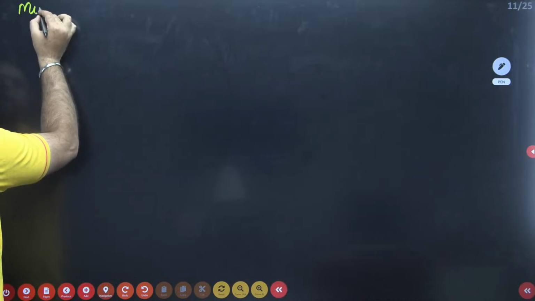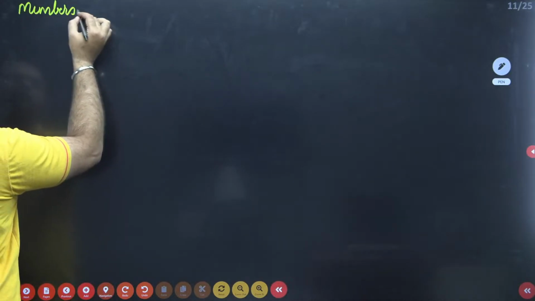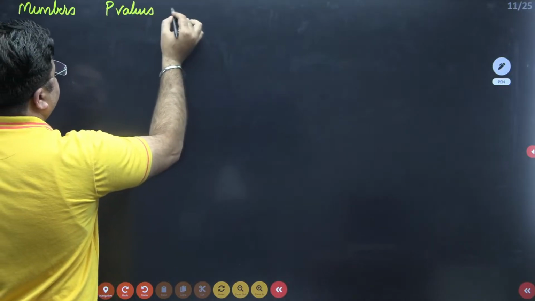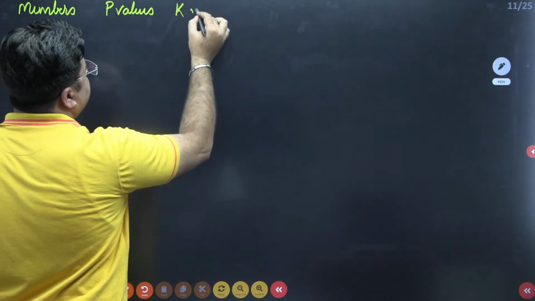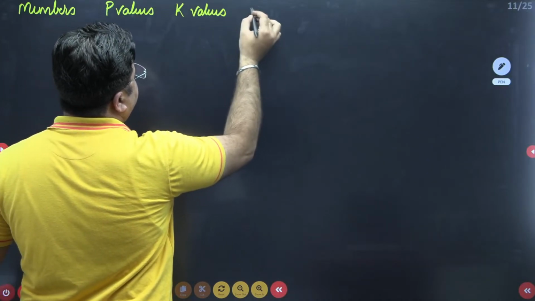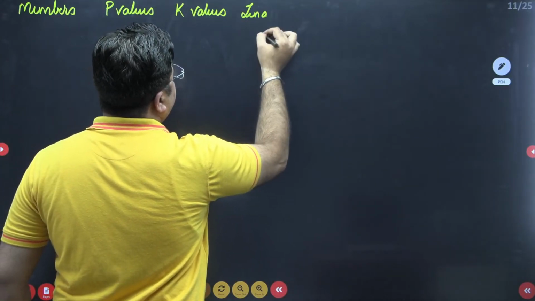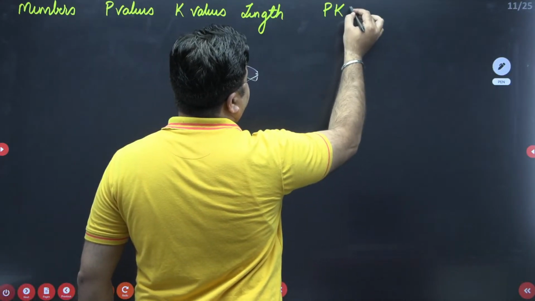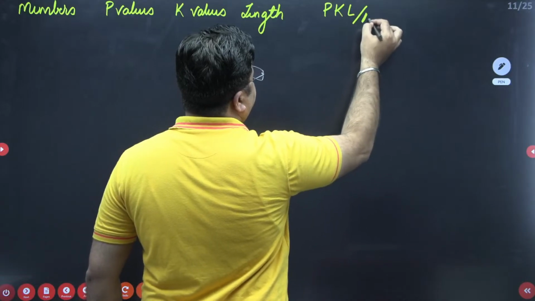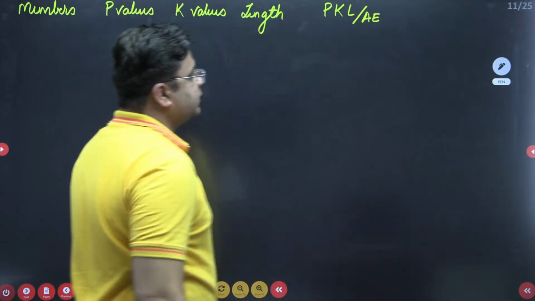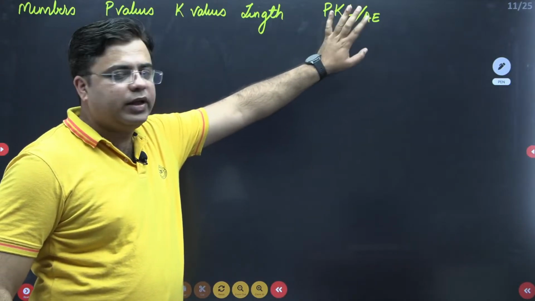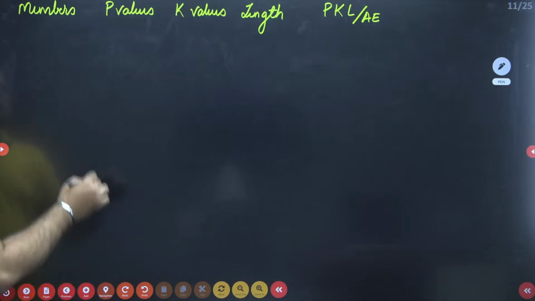First I'll write members, then P values, then K values, then length, then P values, K values, length divided by axial rigidity AE. Since axial rigidity AE is the same for all the members, we need not worry about AE. First of all, I'll start with member ST.